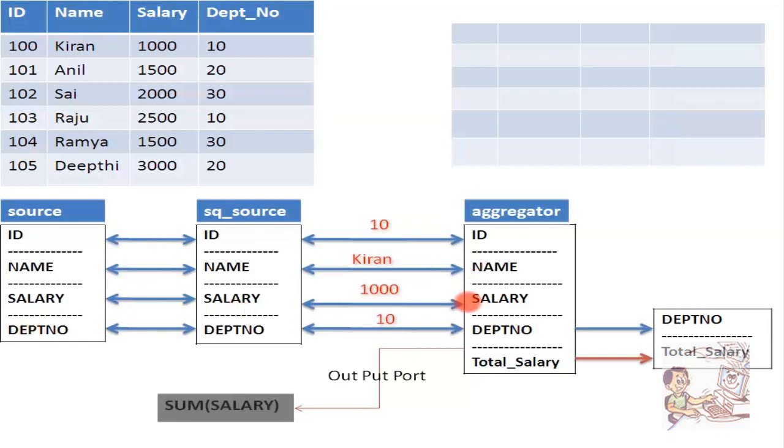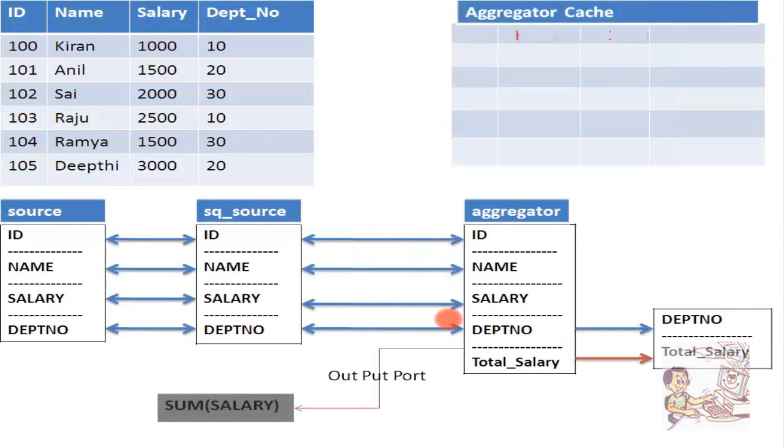So what will happen is, we have some cache functionality. It's an internal memory mechanism, cache. With other transformations, whatever record comes into the expression goes on to the target level, right? But here this record will be inserted into the aggregator cache, temporary files we have.